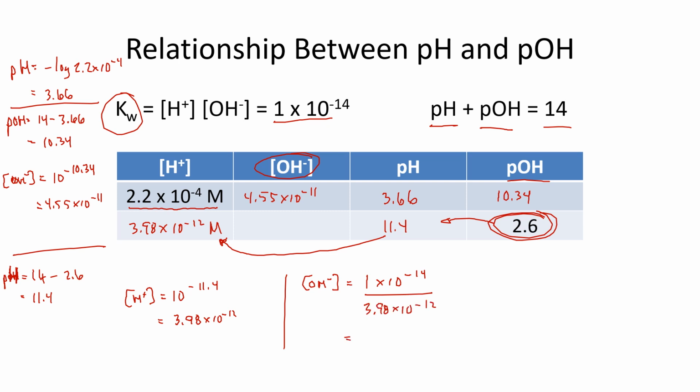And when we do that, it comes out to 2.51 times 10 to the negative 3 moles per liter, and that would go in here. Moles per liter.